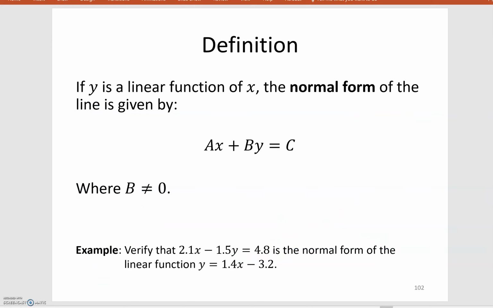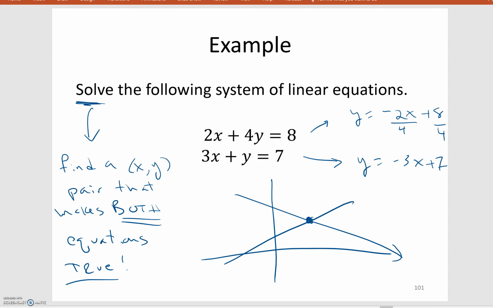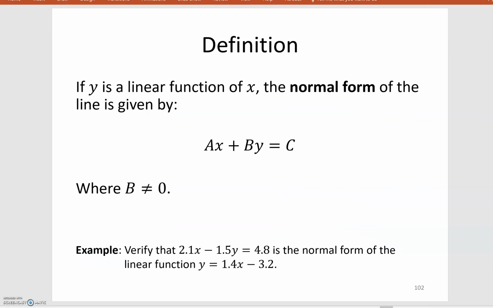Actually, before we get any deeper into that, let me run through a few of these slides to make sure we've got all our terminology straight. So I was talking about linear functions. The functions that you see right here are in what's called normal form. Normal is a specific math word. I know you thought you knew what normal meant, but in mathematics, we have standard form and normal form.